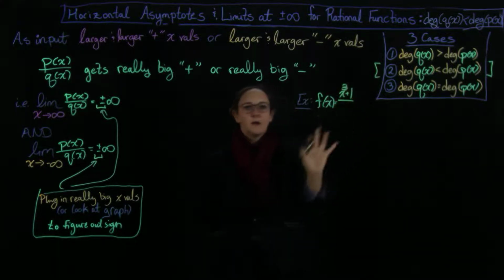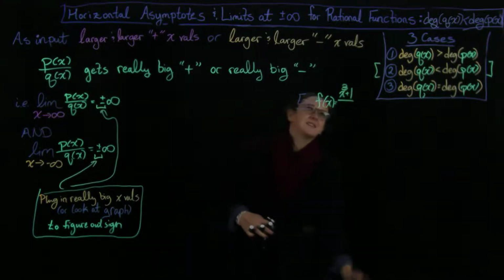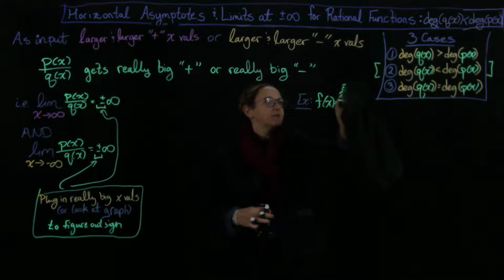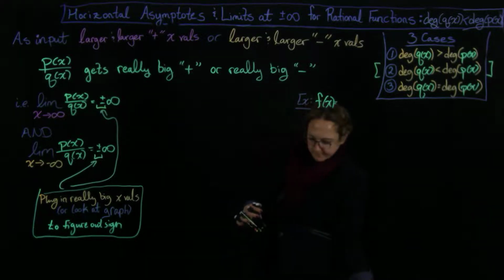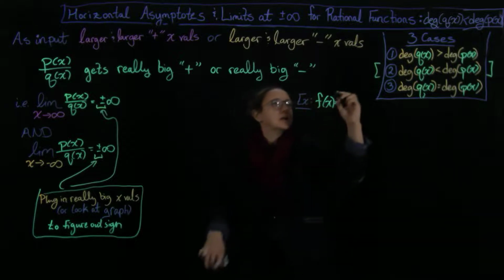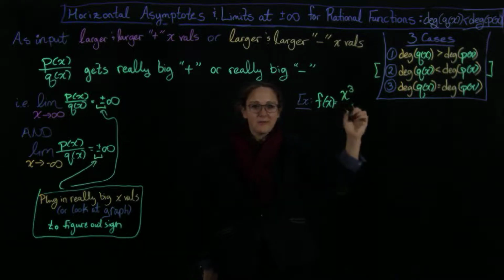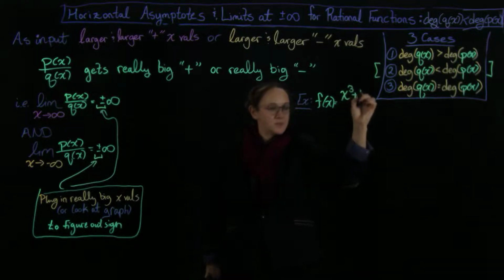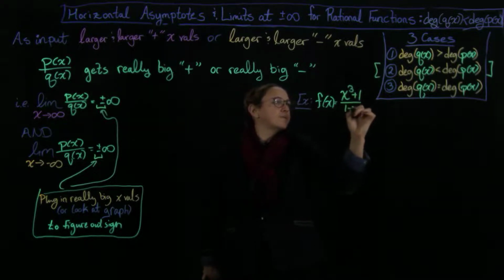I'm still not convinced that you can read that, so let me try one more time. We're going to make this so that you can read it. So let's make this x cubed. Okay, x cubed plus 1 divided by 1 minus x squared.